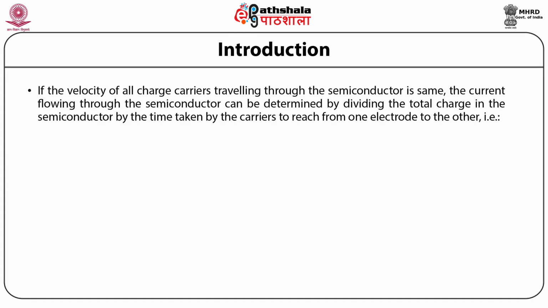If the velocity of charge carriers traveling through the semiconductor is the same, the current flowing through the semiconductor can be determined by dividing the total charge in the semiconductor by the time taken by the carriers to reach from one electrode to the other electrode.